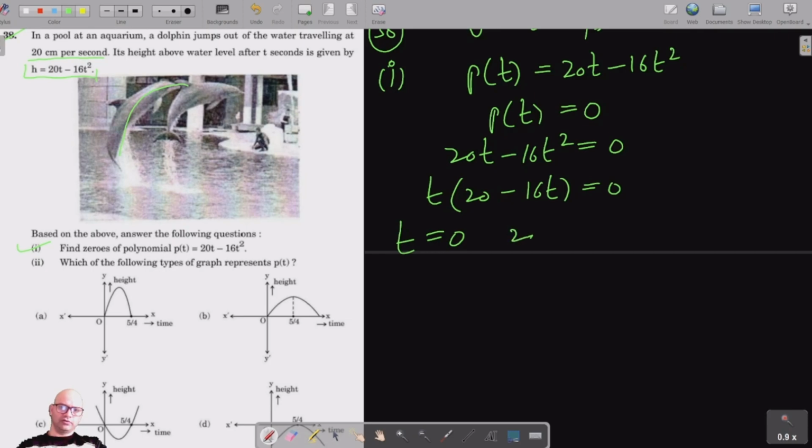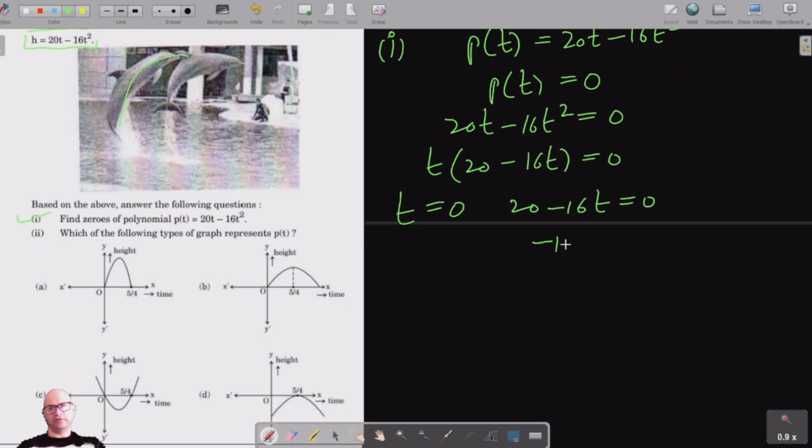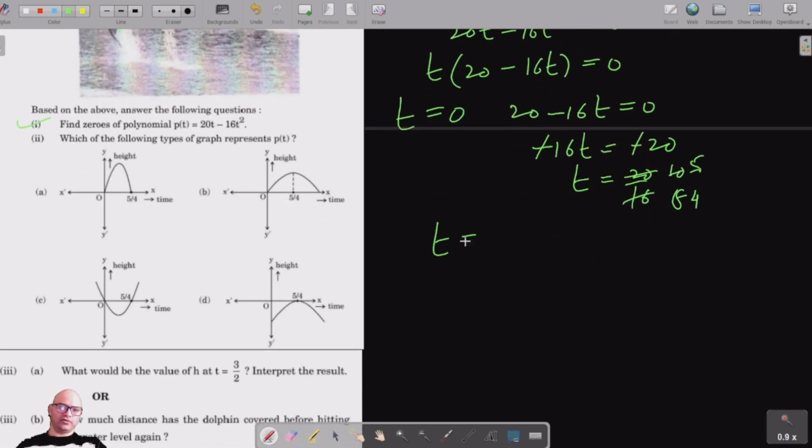So either t is equal to 0 or 20 minus 16t is equal to 0, which gives us minus 16t is equal to minus 20. So t is equal to 20 by 16, which is 10 by 8, 5 by 4. So the two zeros are t is equal to 0 or t is equal to 5 by 4.